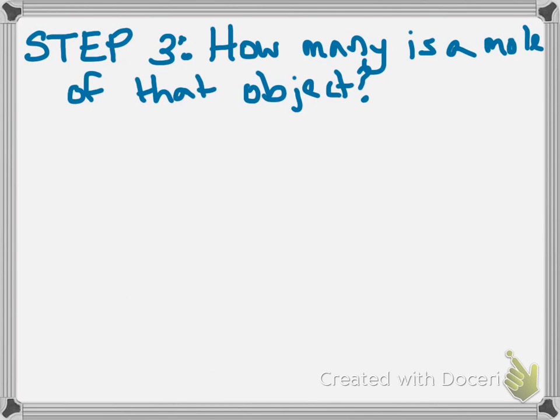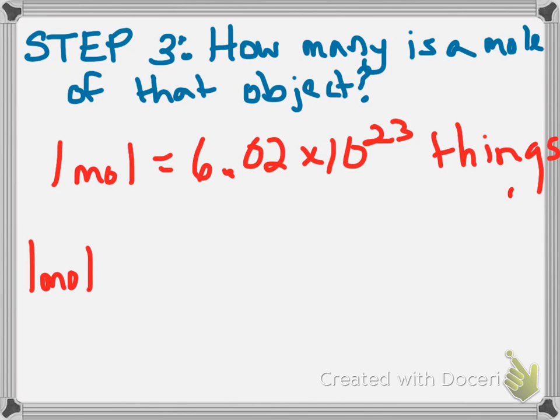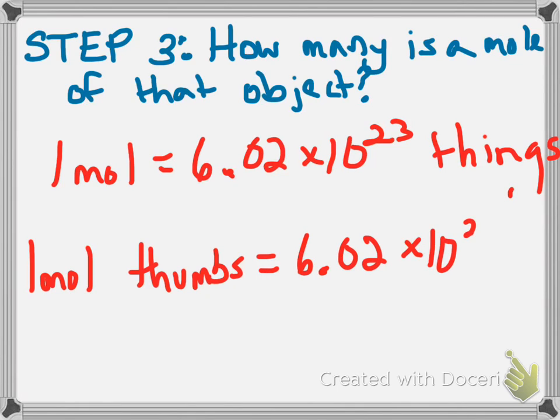For step 3, I need to figure out how many a mole of thumbs is. So if I had a mole of thumbs, well, I know that 1 mole is equal to 6.02 times 10 to the 23rd particles, things, anything. So 1 mole of thumbs is equal to 6.02 times 10 to the 23rd thumbs.